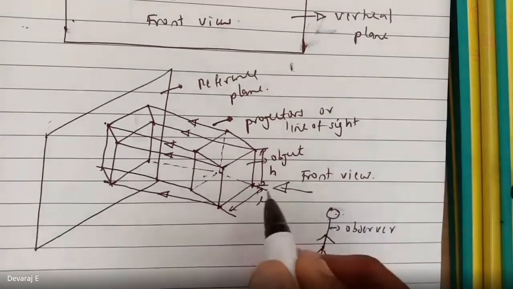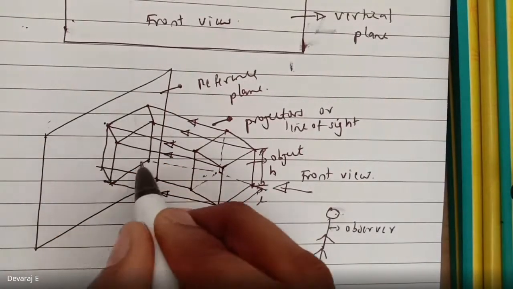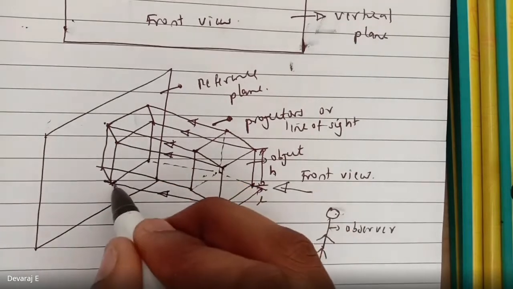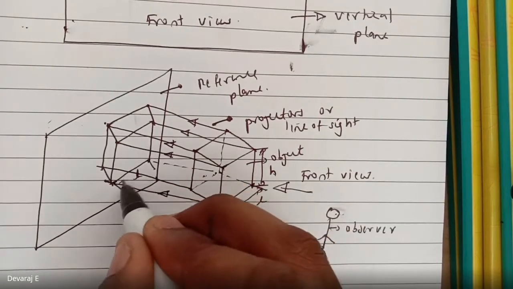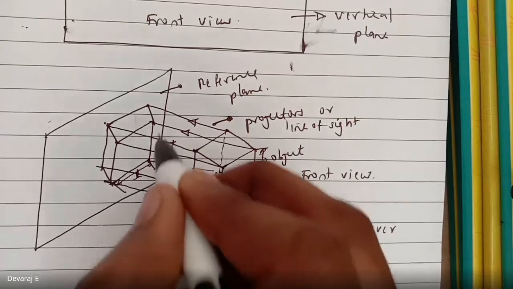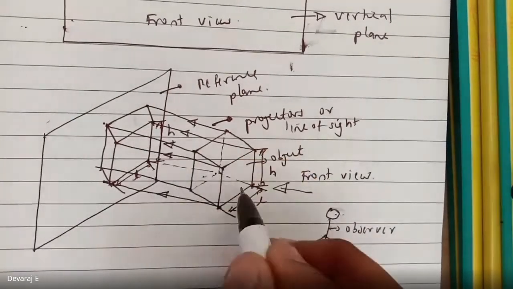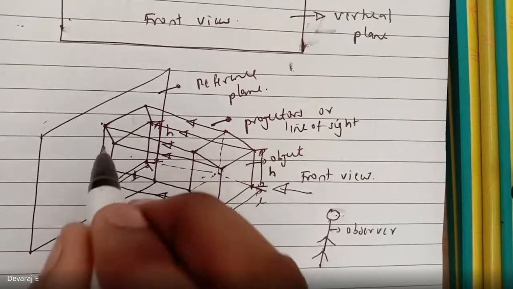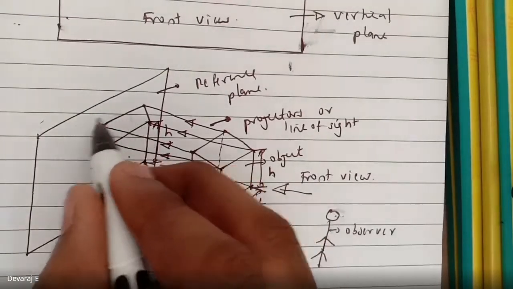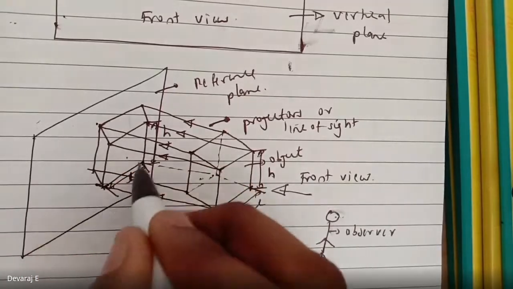When you see from the front, falling on the reference plane, the length and height will be the same as the object. That is, the shape will be the same in the reference plane.